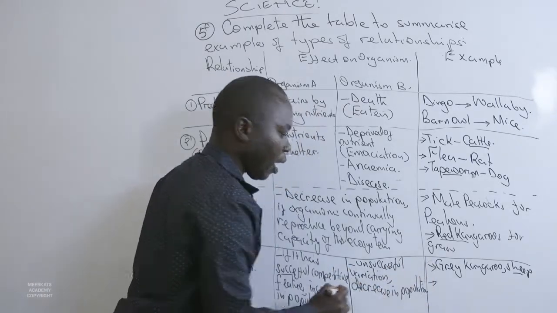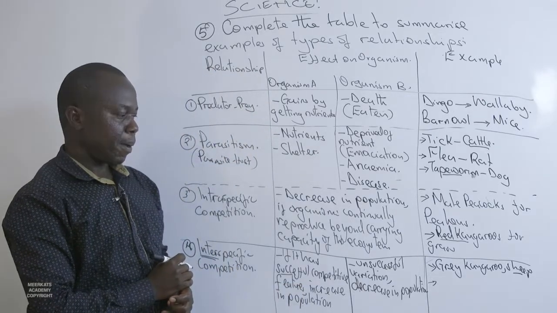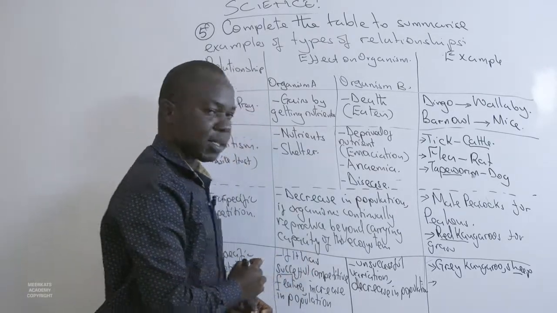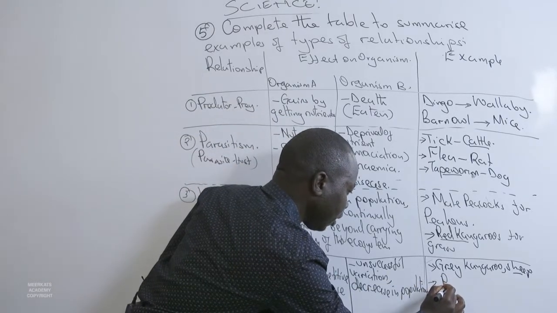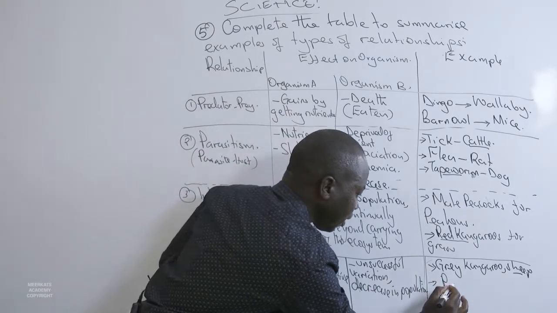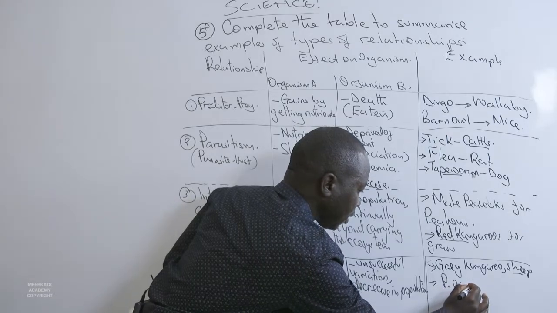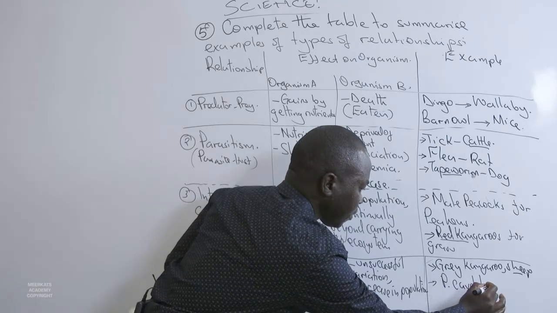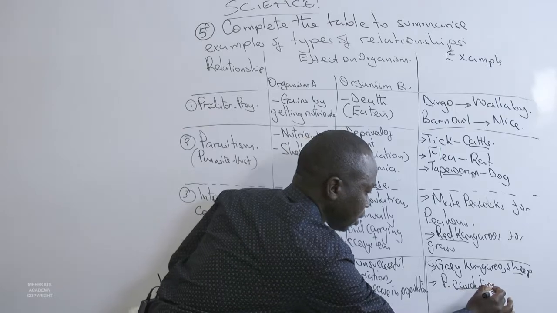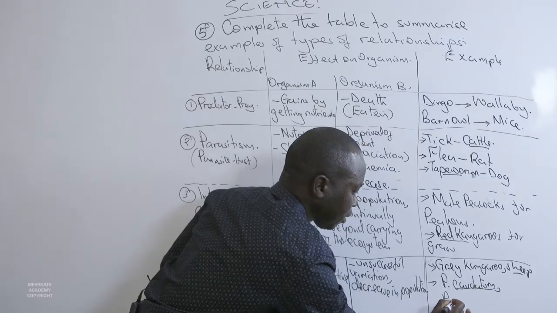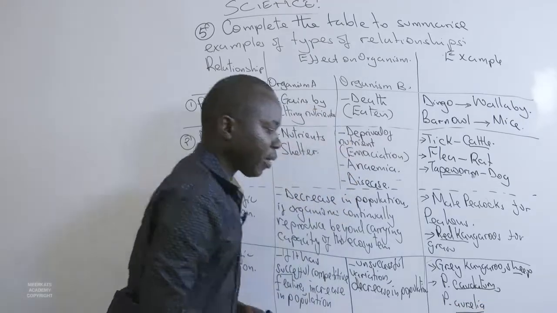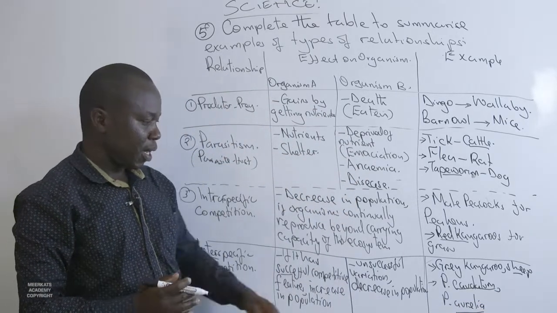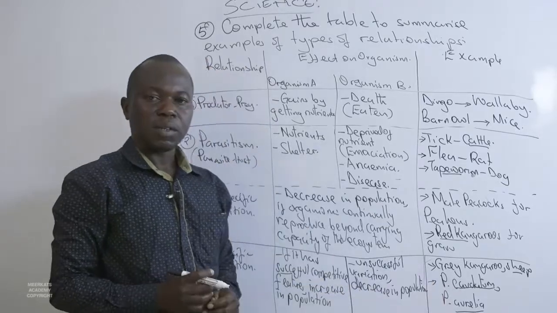Now, in our lesson, we also used Paramecium caudatum and Paramecium aurelia. We found out that aurelia has higher reproductive potential than caudatum.